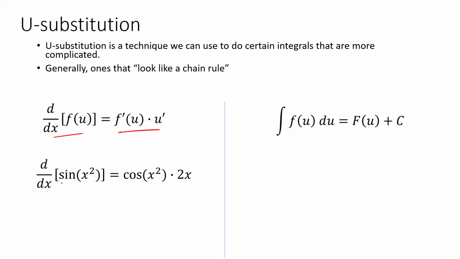The derivative of sine of x squared is cosine of x squared, leave the inside alone, and then multiply by the derivative of the inside. Okay, so we get cosine x squared times 2x. We can go backwards.